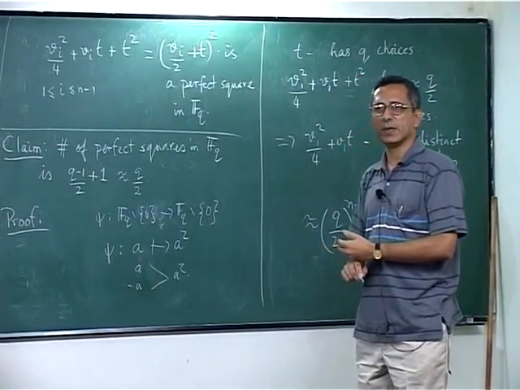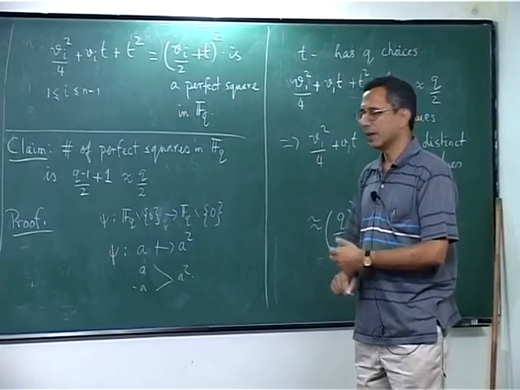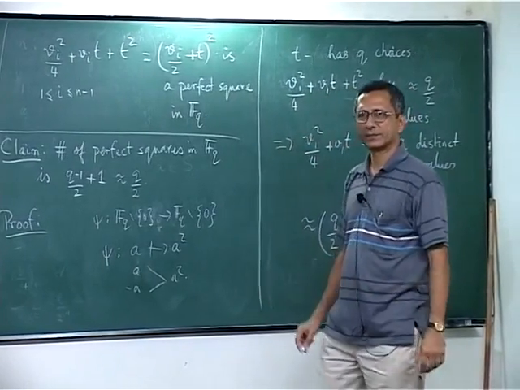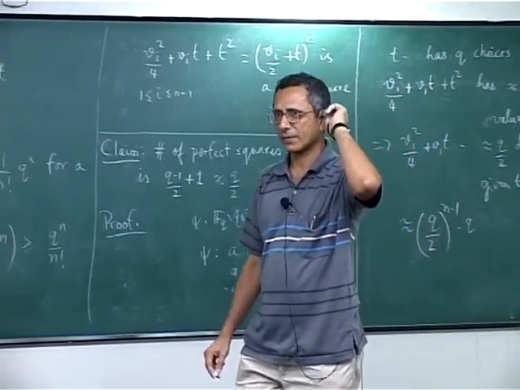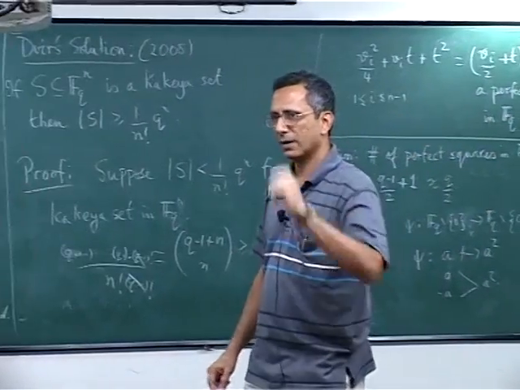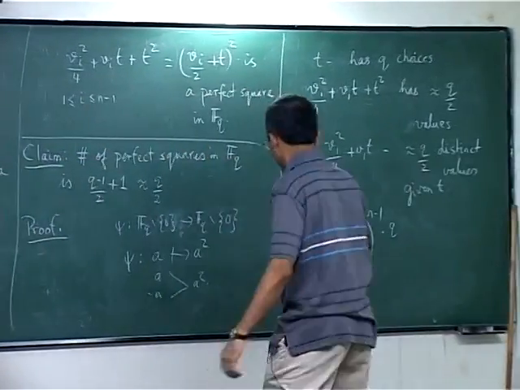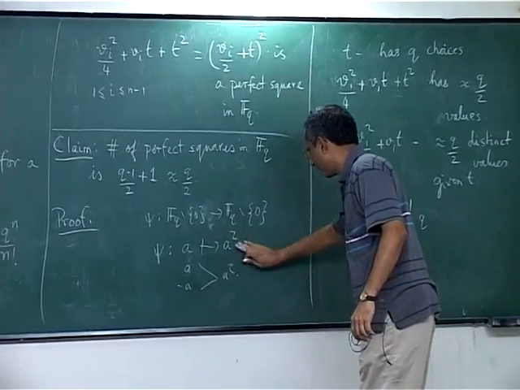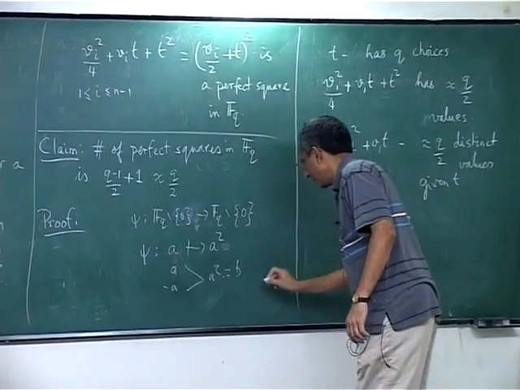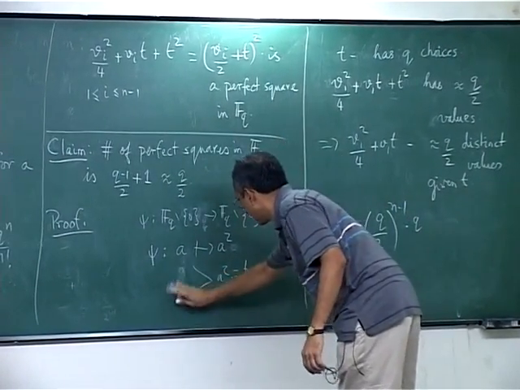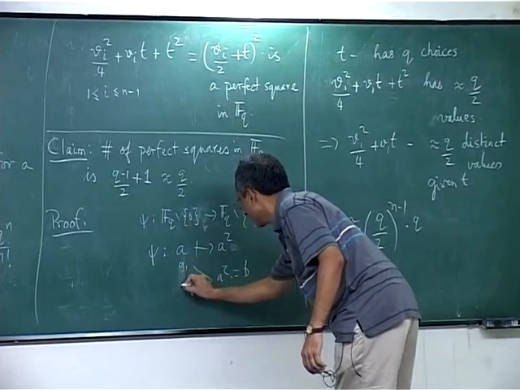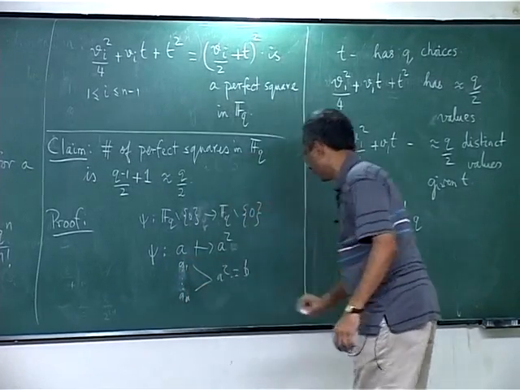Why can't more elements map to that? Let's call this element A square as b, and suppose the pre-image is many of these guys, a1, a2, maybe all of them map to b.